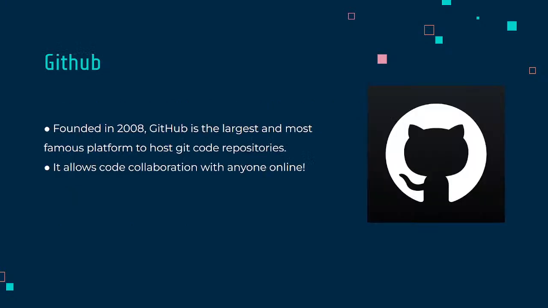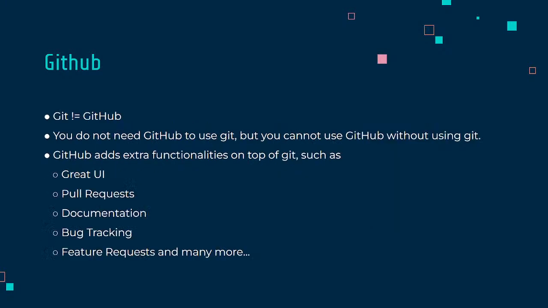Now we move towards GitHub. GitHub was founded in 2008 and it is the largest and the most famous platform to host Git code repositories. It allows collaboration with anyone online. Now the first main thing, the most common doubt we have seen: Git is not equal to GitHub.